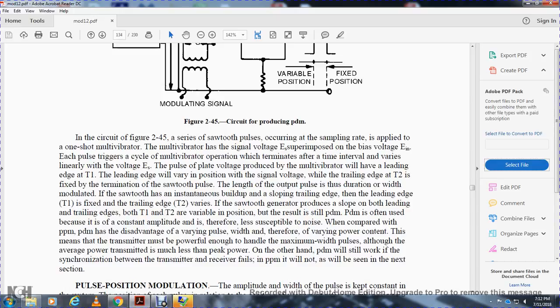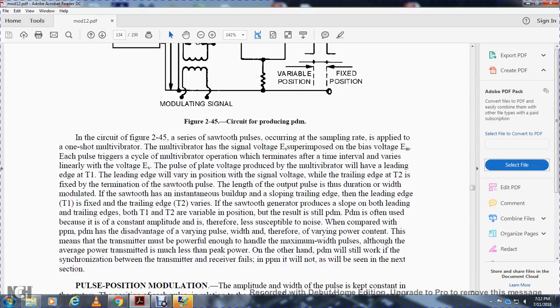In this circuit, the sawtooth, occurring at the sample rate, is applied to a one-shot multivibrator. The signal voltage supersedes the bias voltage. Each pulse triggers a cycle of the multivibrator, after which the time intervals vary linearly with the voltage over the secondary. The leading edge of the transformer 1 pulse varies the position relative to the signal voltage, while the trailing edge is set by transformer 2.